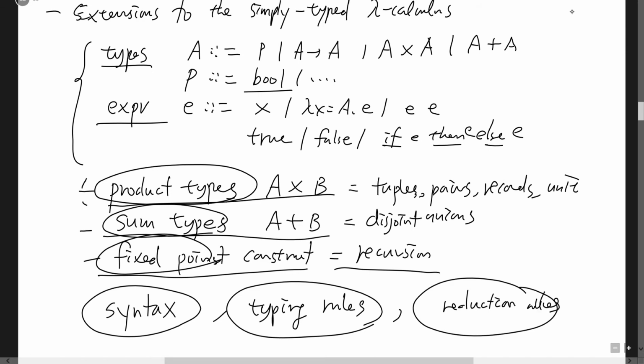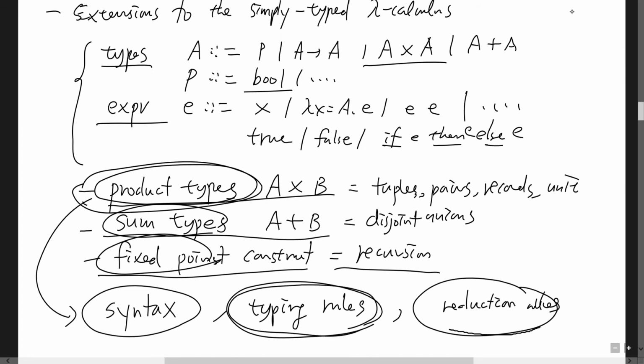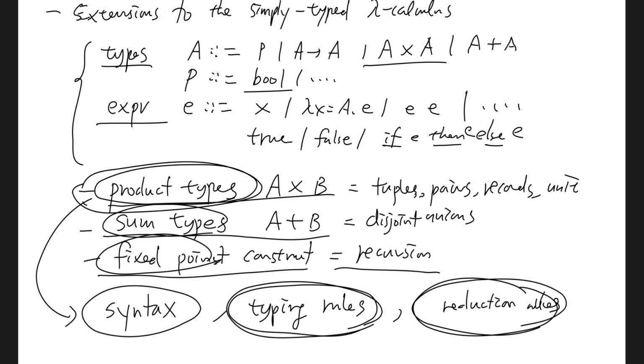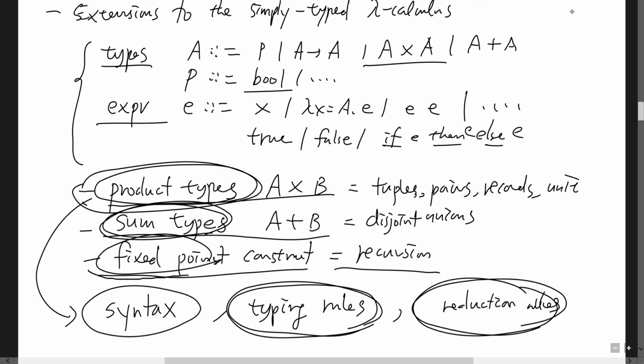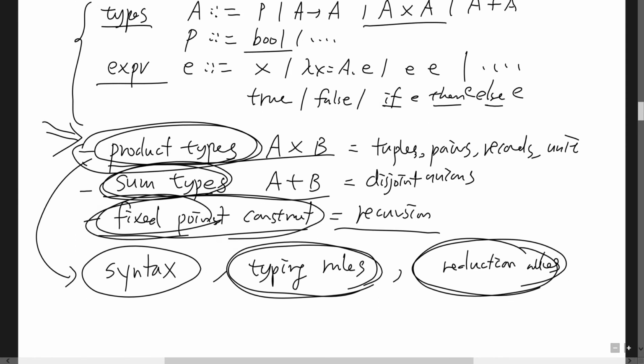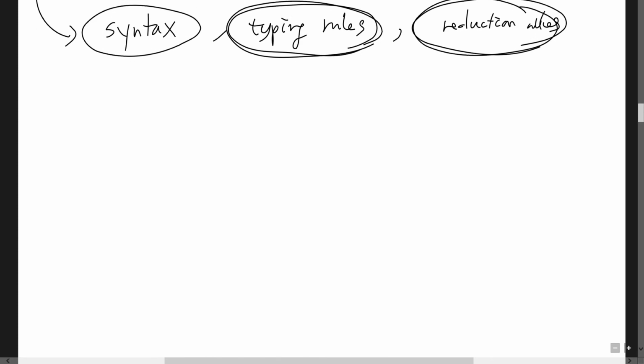So for product types, we are going to extend the syntax with this product type and corresponding new forms of expressions, and then we will study typing rules, and we will formulate their reduction rules. And similarly for sum types and fixed point construct. So let's first talk about these product types.